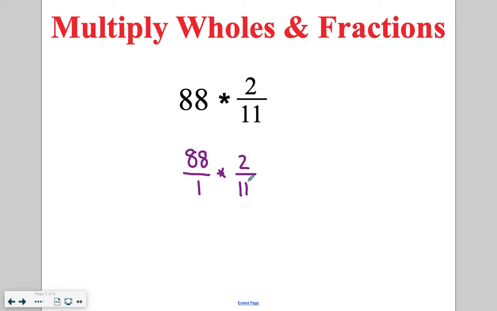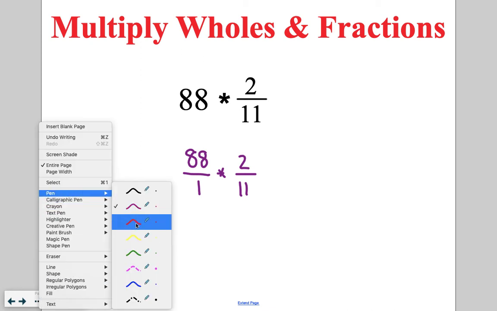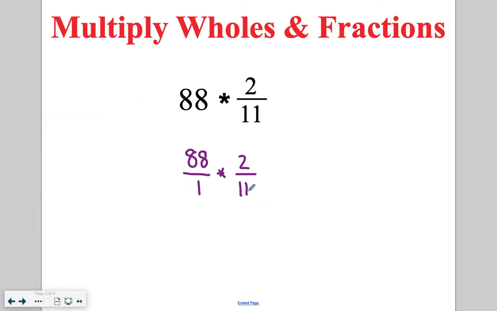Now we always want to check for cross-reducing. When you check cross-reducing, you look on the diagonals. So you ask yourself, can 88 and 11 be divided by the same number? Yes, they can. What number can they both be divided by? The answer is 11.